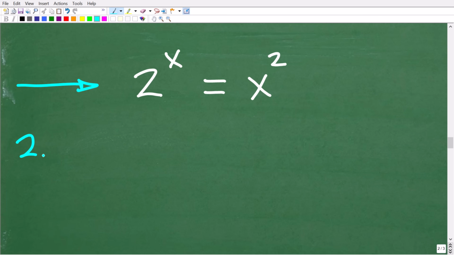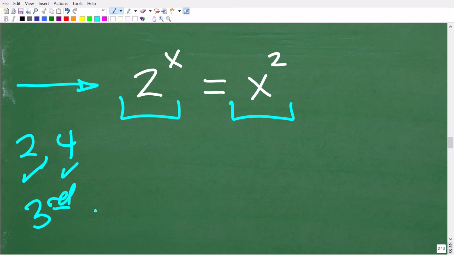Now, we were pretty lucky to be able to test some values and see that both 2 and 4 work, because these expressions right here are pretty simple. So again, we were able to test values like 1, 2, 3, and 4 and see that both 2 and 4 are solutions. But to get to this third solution, we're going to have to think graphically.